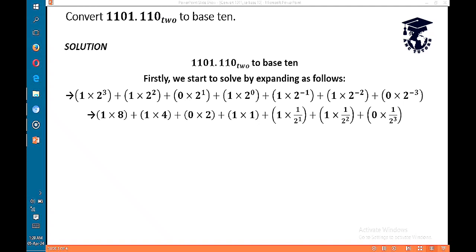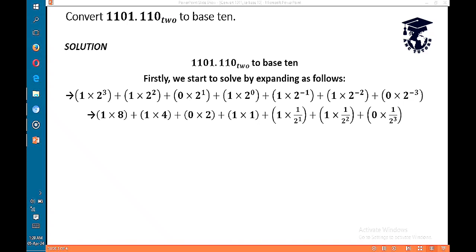What we can see here is that when the 2 and the power came under, the minus sign disappeared, so it became an inverse. Instead of writing 2 raised to the power -1, we now have 1 whole over 2 raised to the power 1.